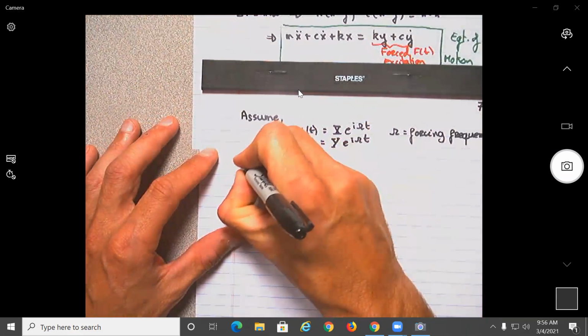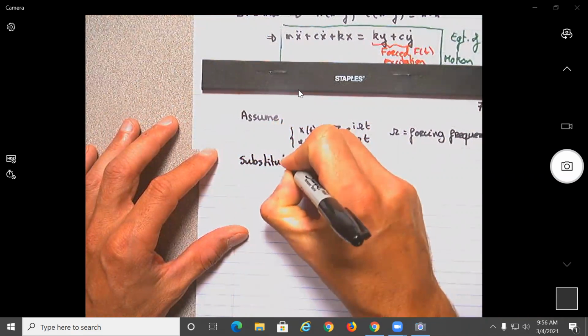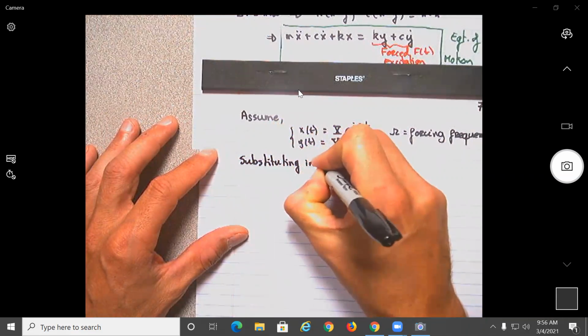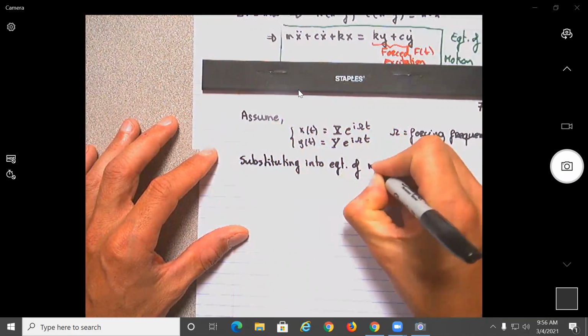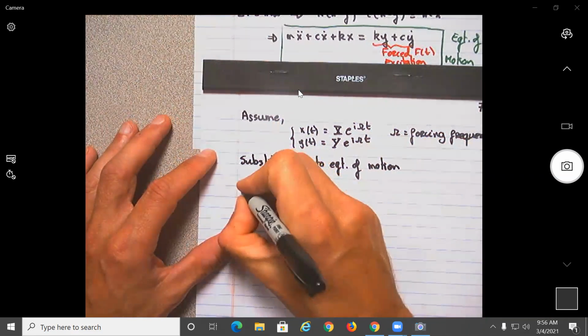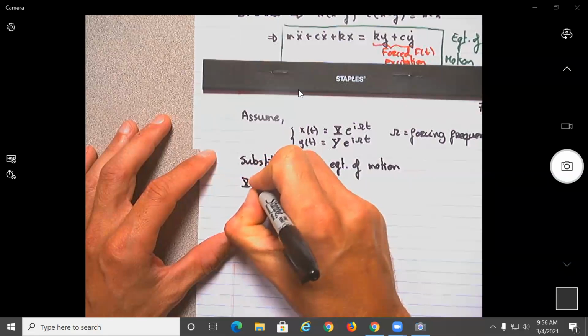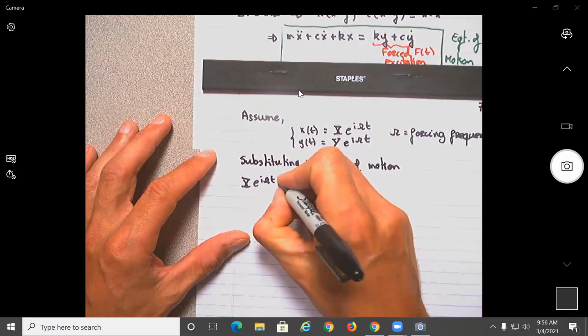So substituting into the equation of motion, you're going to get on the left-hand side, you can factor out e^(i omega t).